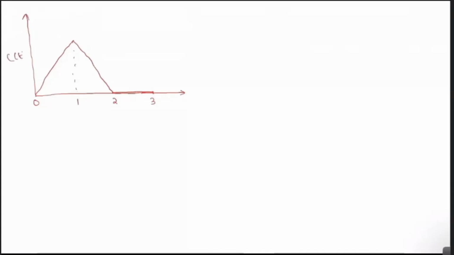What we can do is divide this concentration versus time curve into three parts. This will be part 1, this is part 2, and this is part 3. So our mean residence time is given by integral 0 to infinity T into E of T dt.